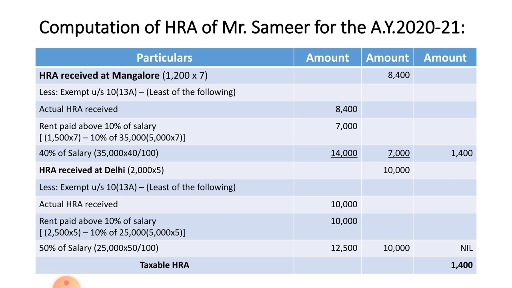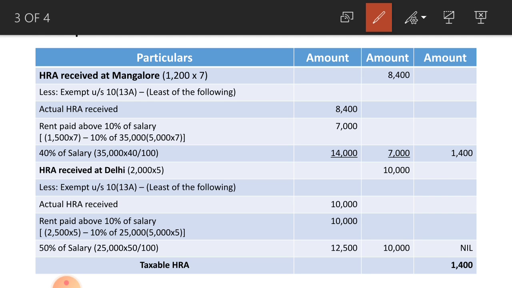When you deduct this from rent paid, you get 7,000 as rent paid above 10% of salary. Next, 40% of salary, 40% of 35,000, is 14,000. So the least of the following is rent paid above 10% of salary, 7,000. When you deduct this from actual HRA received, you get 1,400 as taxable HRA.